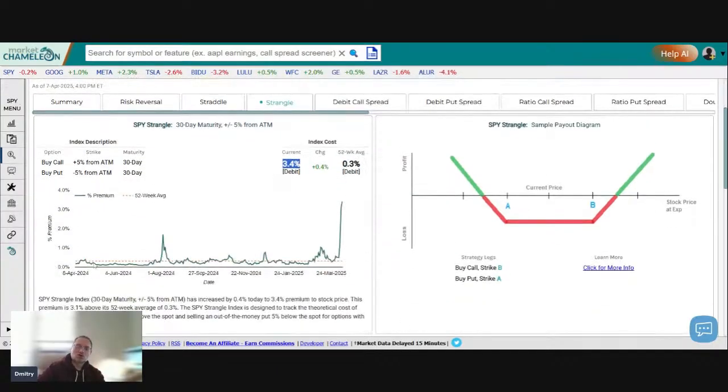And you could see here from the chart, this is what the chart looks like. So you could see this way spike up, right, recently, way above everything else, 3.4% on those wings 30 days out, relative to historically, you're looking at a 0.3% premium.